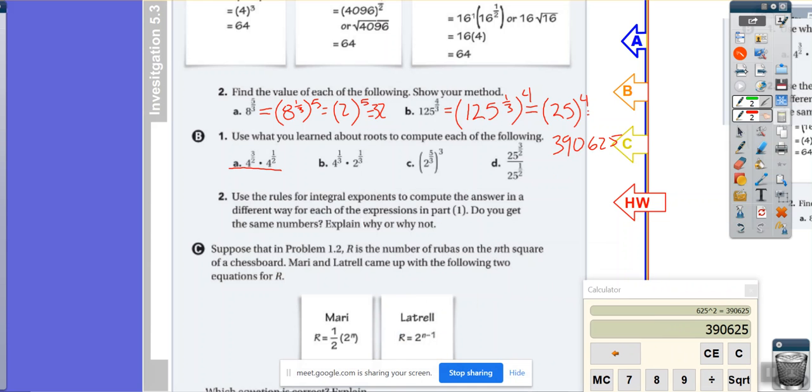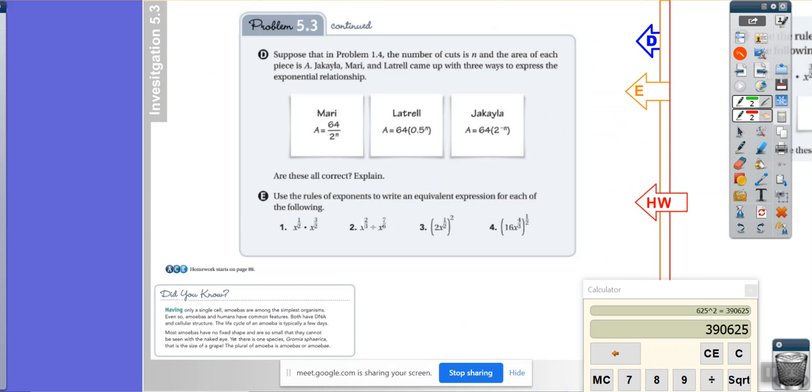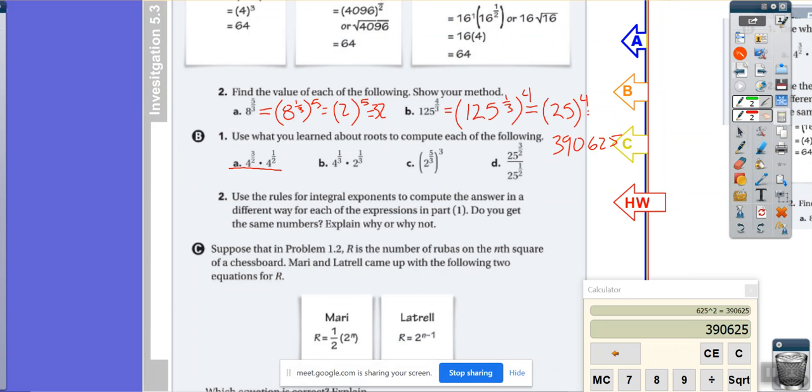So for question B1, which rule are we going to be using? Which one looks the most similar to our rule? Max says 3. Owen says 3. So in this problem, we have the same base and we have different exponents.